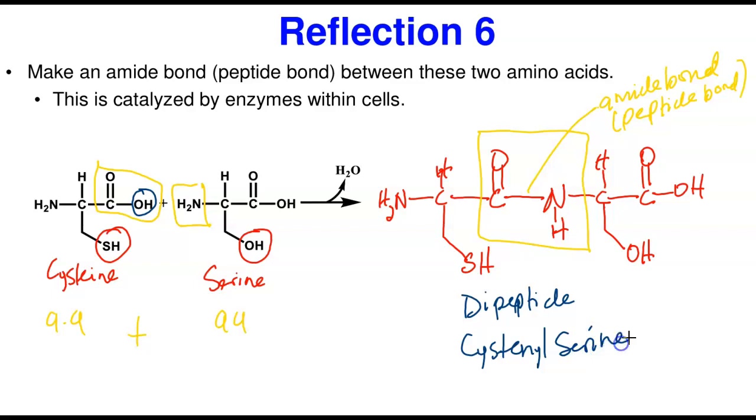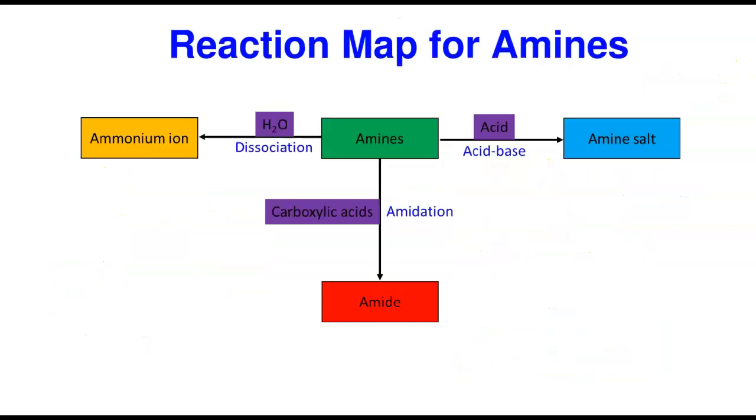That is how we're going to name this particular dipeptide, which we are not expected to do at this point until the time we get to proteins. But I'm taking this time to introduce this little by little to you, so by the time we get there, you're going to be very familiar with these terms because I'm still going to say them again. Having said that, we'll be coming close to the end of this lecture to summarize.